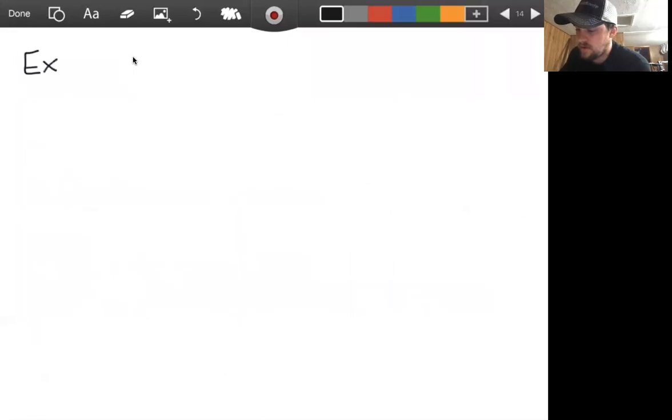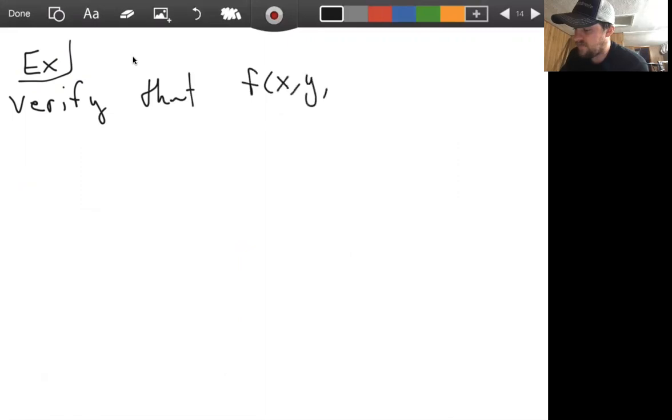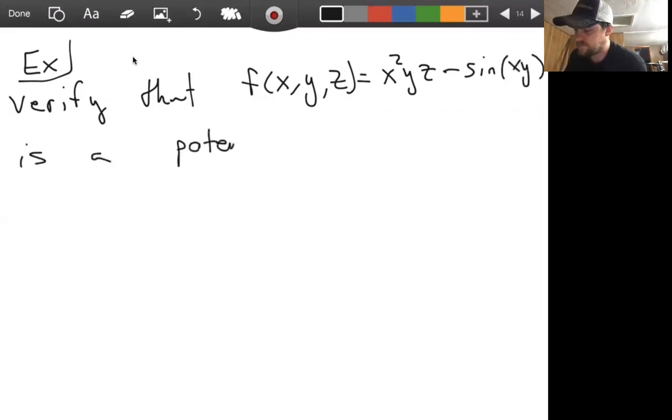So let's look at an example here. Let's verify that the function f of x, y, z, which is x squared yz minus sine of xy, is a potential function for the following vector field.